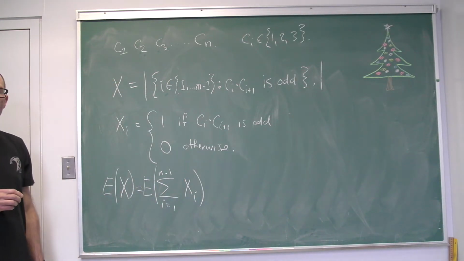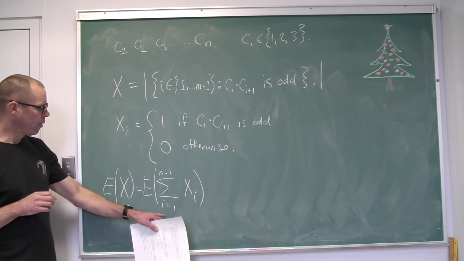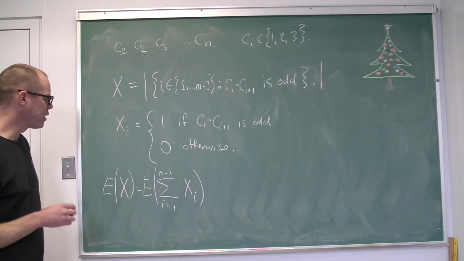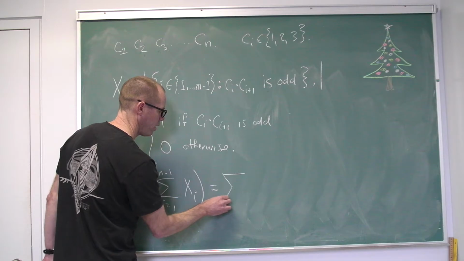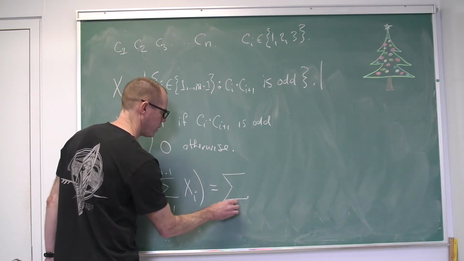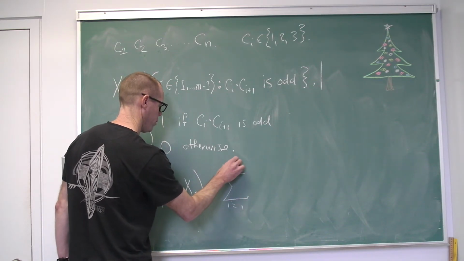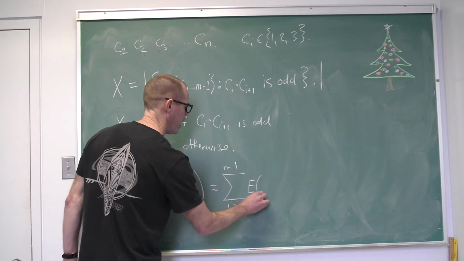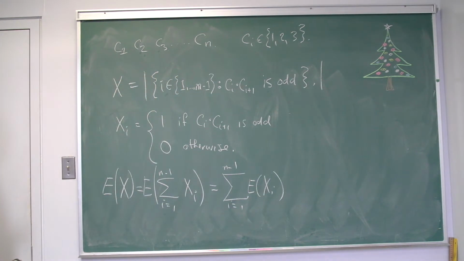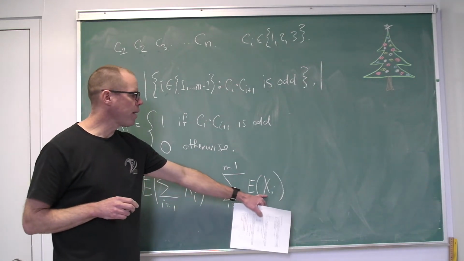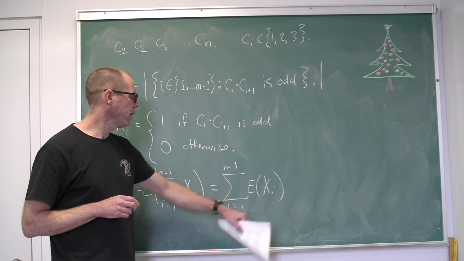And all of you remember now that what we always do as the next step in this recipe is to say that the expected value of the sum is equal to the sum of the expected values. And so all we need to figure out now is what's the expected value of Xi.